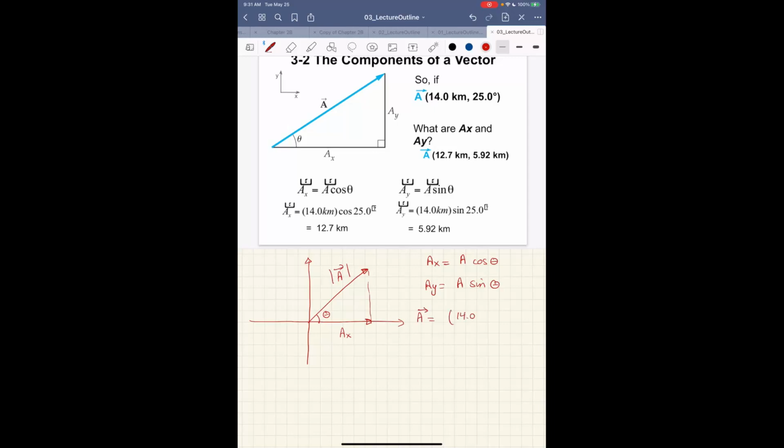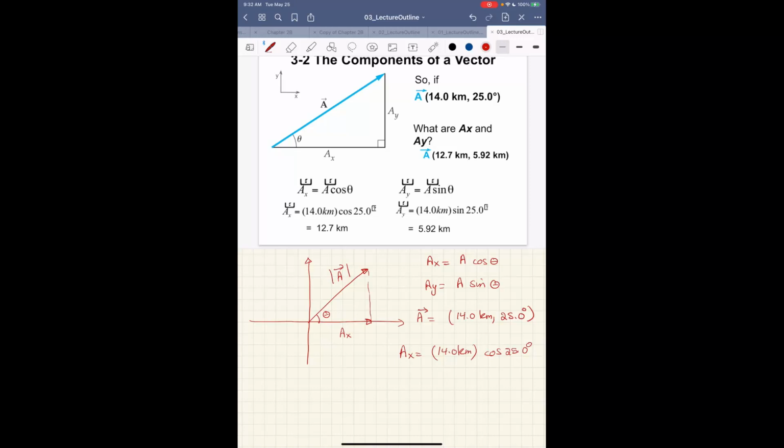For example, if my vector A can be expressed as a displacement of 14 kilometers at 25 degrees, this means it is making this angle with respect to the x-axis. Then AX is going to be 14 times cosine 25, and here your angle should be in degrees.